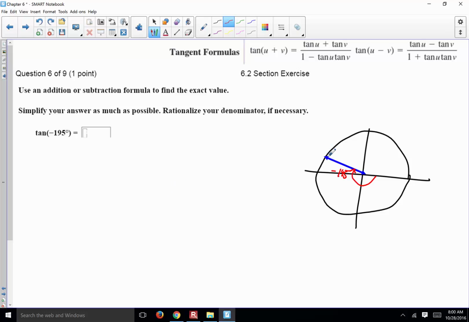I have no clue what the tangent value of this is. Tangent is sine over cosine, y over x. I wish I had these values on the ring. I don't. I have 150, 180, 135, 120, but not 195.